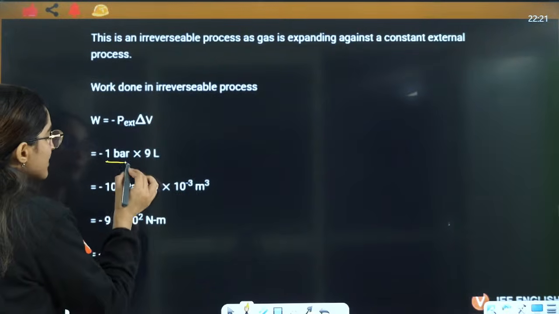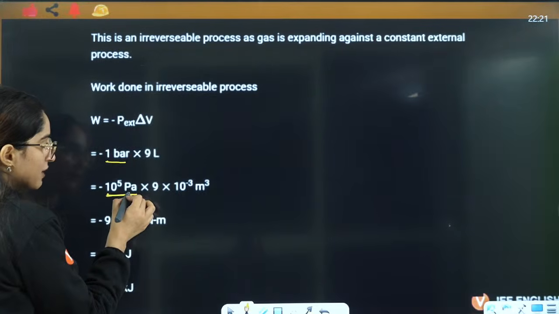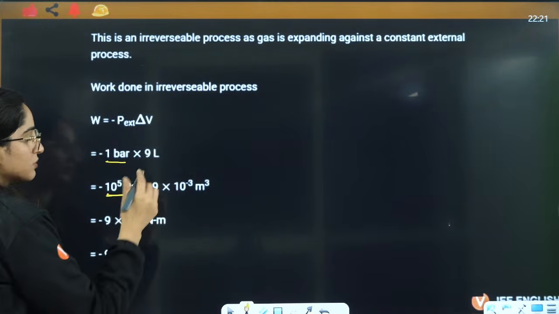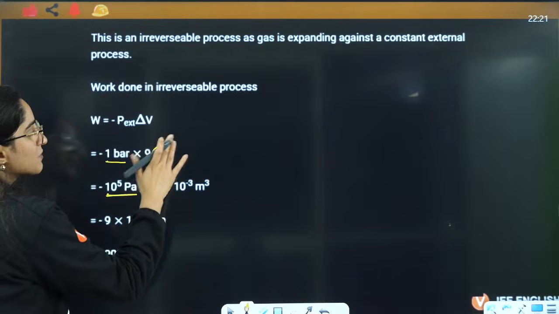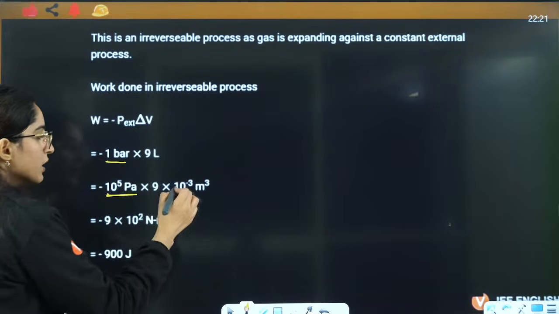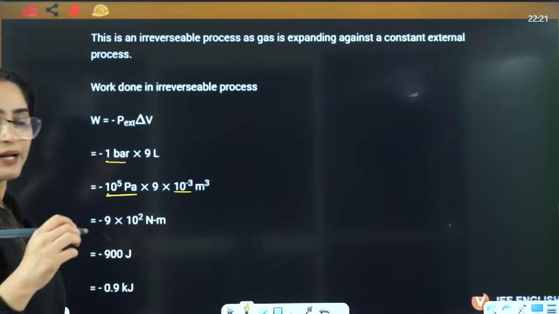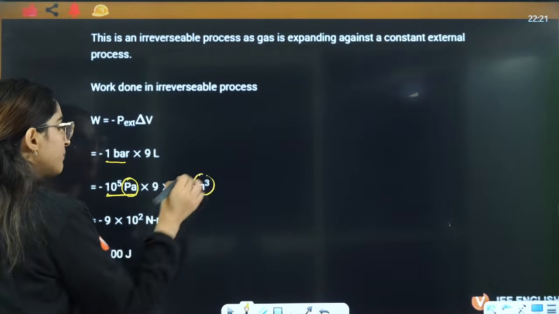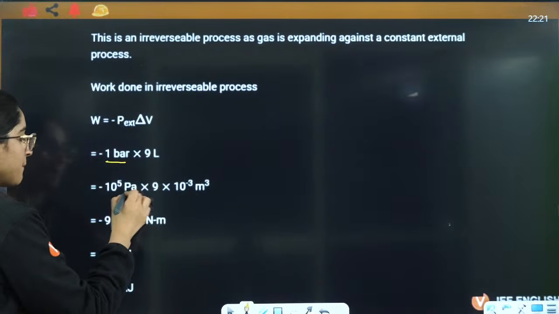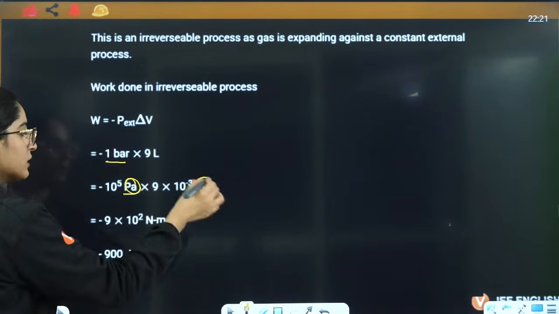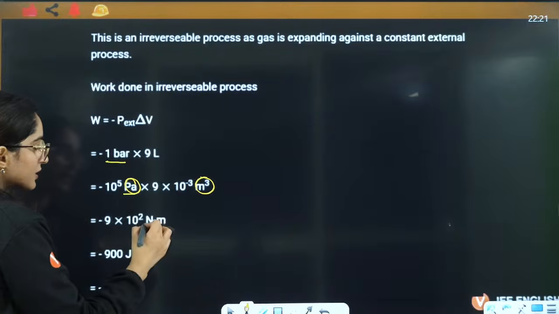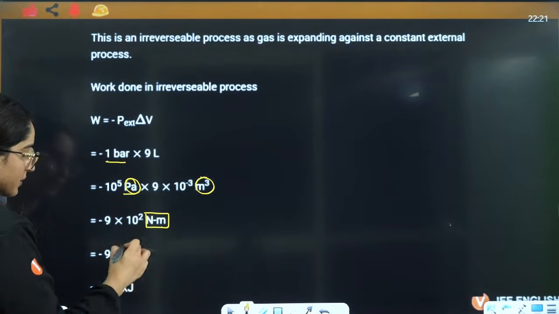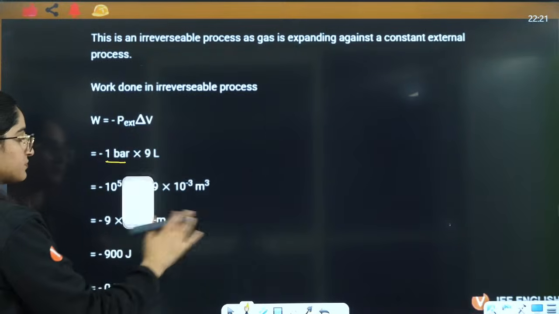Firstly, 1 bar is nothing but 10 raised to power 5 Pascal, and liter is nothing but decimeter cube, so you will convert it into meter cube by multiplying by 10 raised to power minus 3. This will be Pascal meter cube, and Pascal meter cube is nothing but newton meter, and newton meter is nothing but joule.